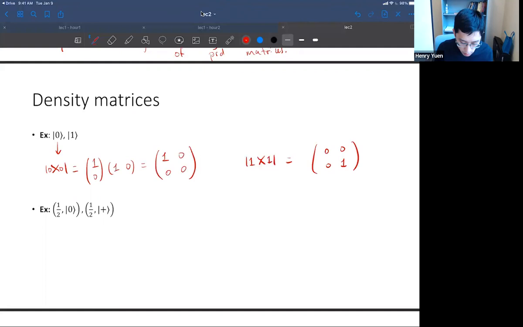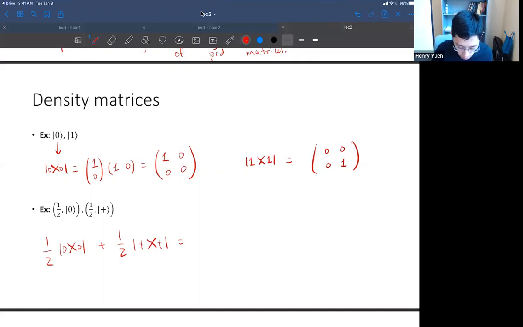Okay, so what about a more interesting example? Let's talk about the example from a couple slides ago. Someone flips a coin, gives you either ket0 or ket plus. So what's the density matrix corresponding to that? Well, let's just take 1/2 ket0 bra0 plus 1/2 ket plus bra plus.